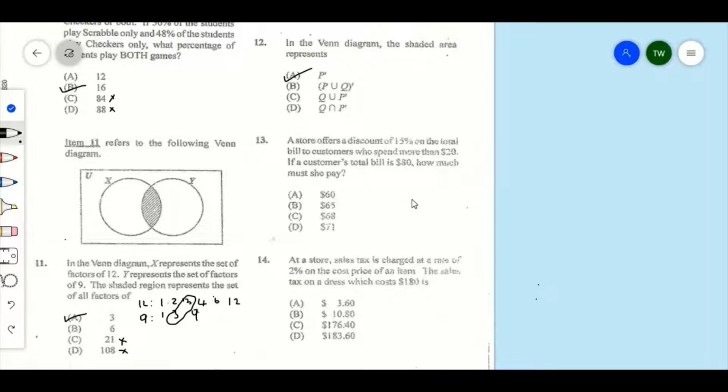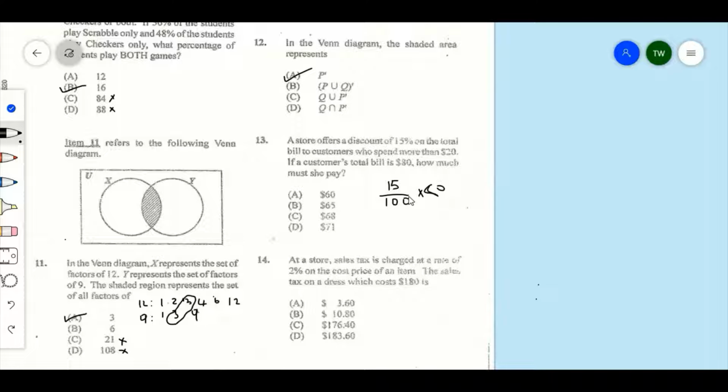So it's going to be 15%, which is 15 over 100 times $80, right?